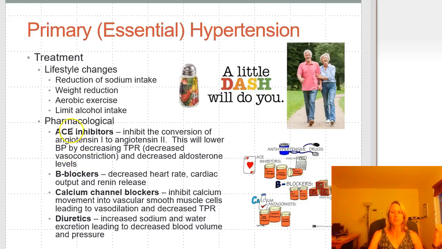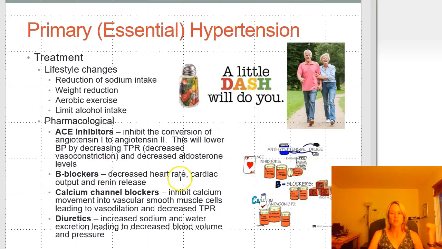So ACE inhibitors inhibit that enzyme that converts angiotensin 1 to angiotensin 2, and that's going to help to lower the total peripheral resistance because we'll have less angiotensin 2. It's also going to lead to decreased aldosterone levels, so that will lower our blood volume.